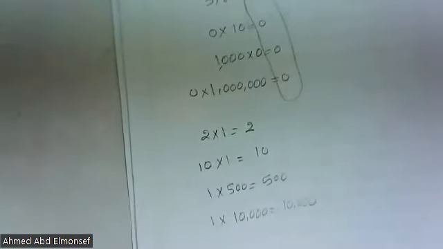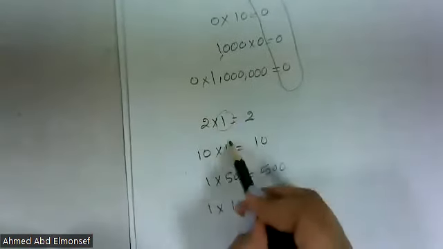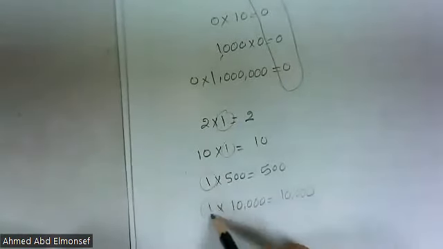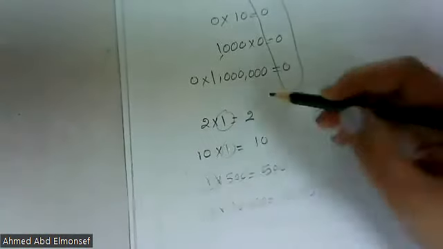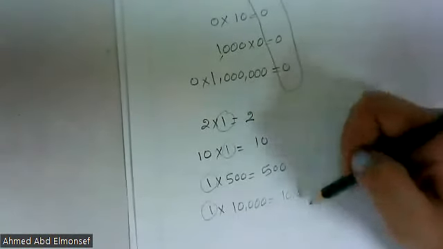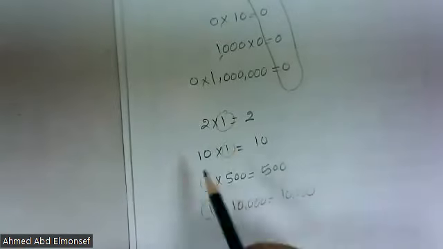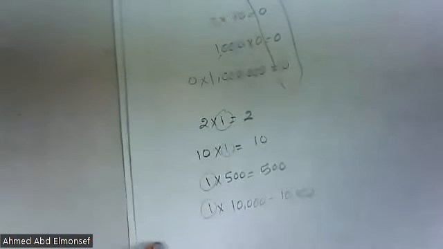So if I multiply anything with 1, it gives me the same number. So the 1 is always a common factor in all numbers.